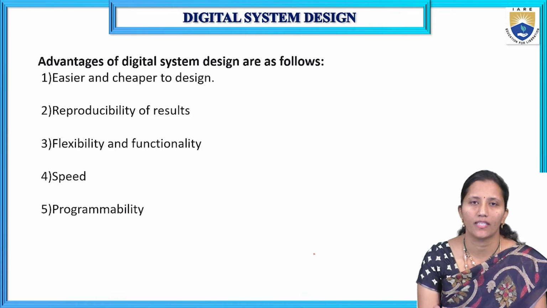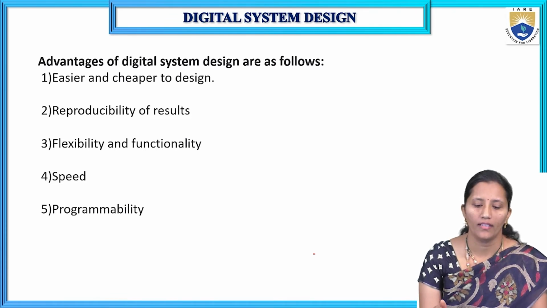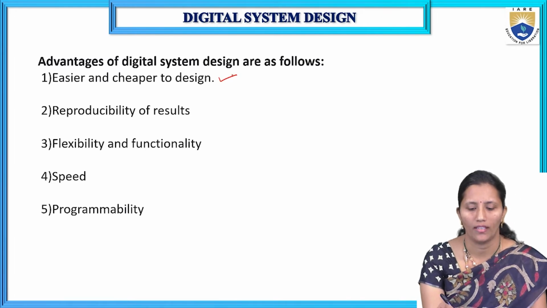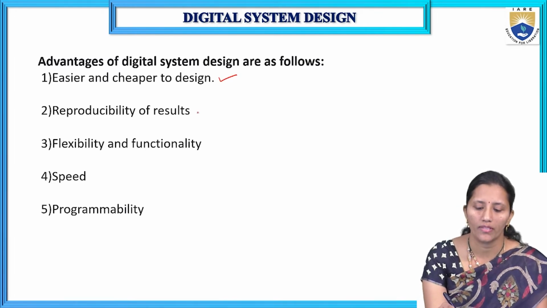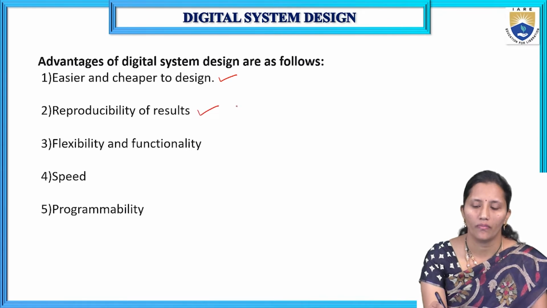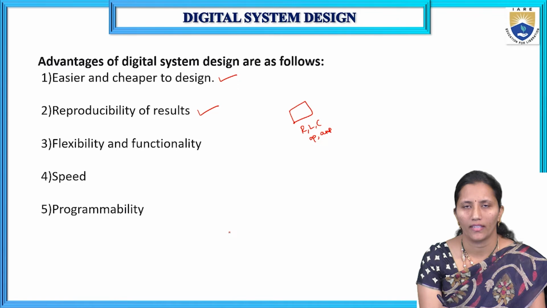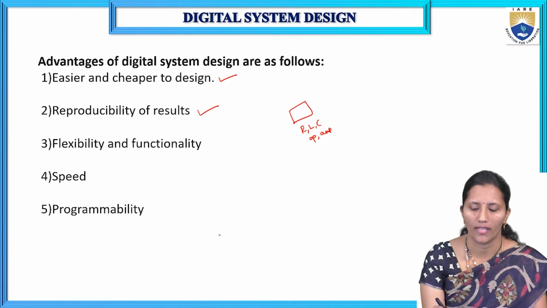Advantages of digital system design. Here, it is easier and cheaper to design compared with analog systems, and there is reproducibility of results. If we design an analog system, it will use active or passive elements: op amps, resistors, inductors, or capacitors.